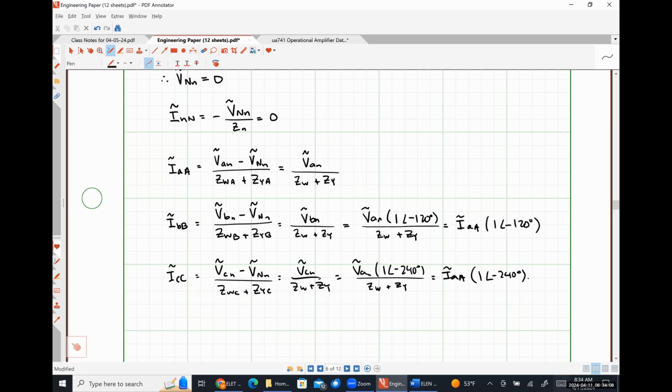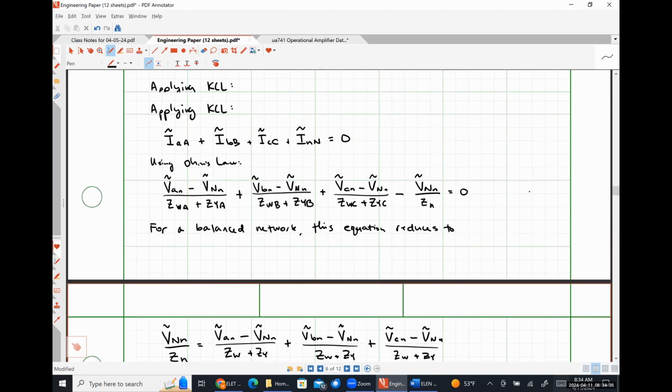So we know that in a balanced three-phase system, all of our phase voltages at the source are equal in magnitude, separated in phase by exactly 120 degrees. Now we know that all of our line currents are equal in magnitude, separated in phase by exactly 120 degrees. Let's scroll up here.